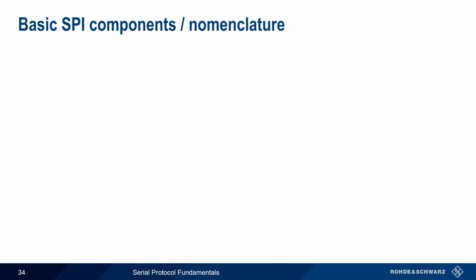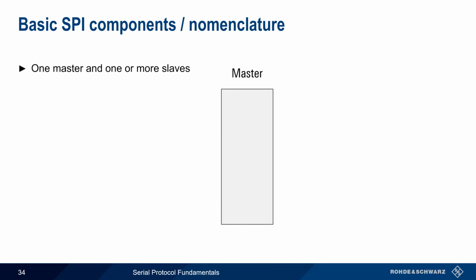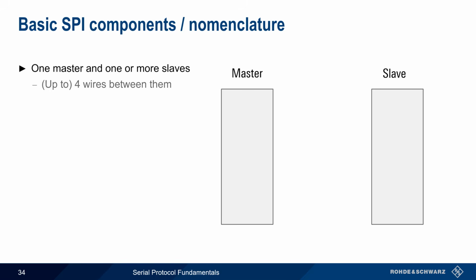Like I2C, SPI is also a master-slave protocol, with a single master and one or more slaves. The master is sometimes called the controller, and slaves are sometimes called peripherals. Master and slave are normally connected by 4 wires, although in some special cases, not all of these 4 wires are required.